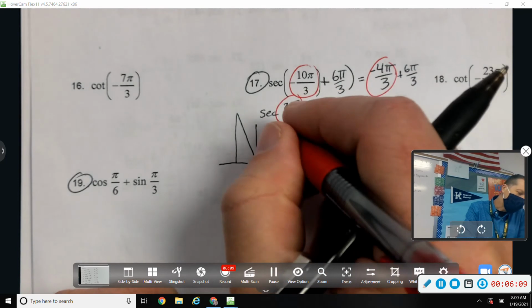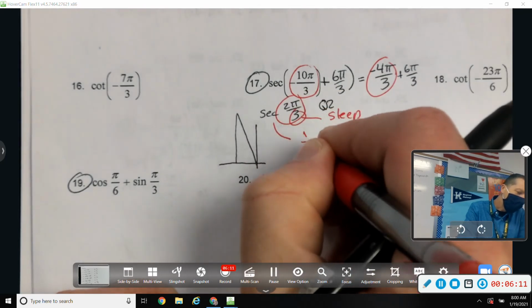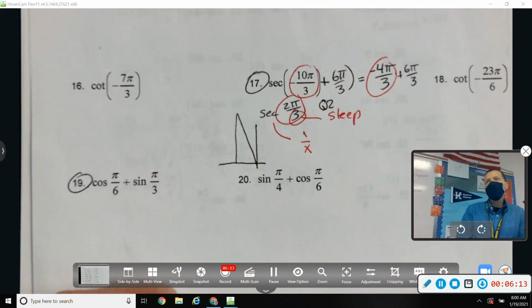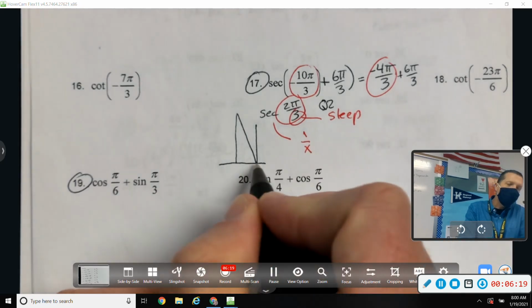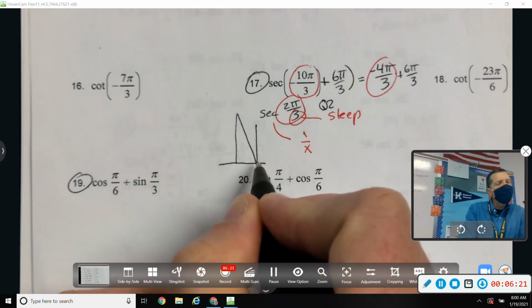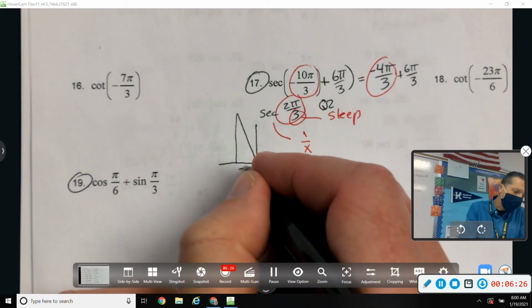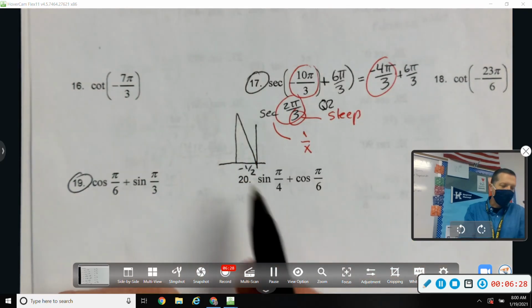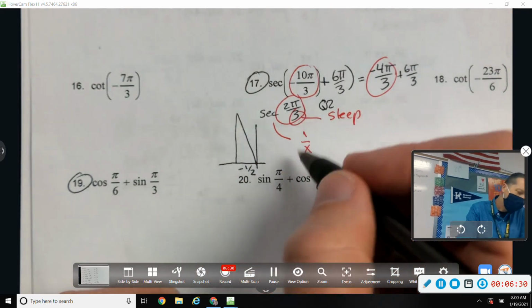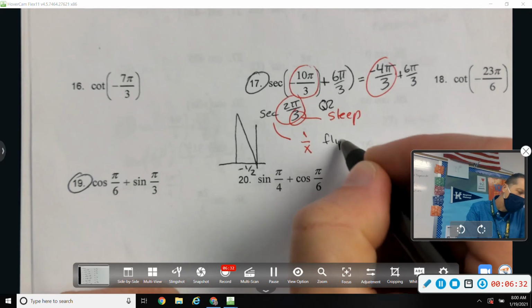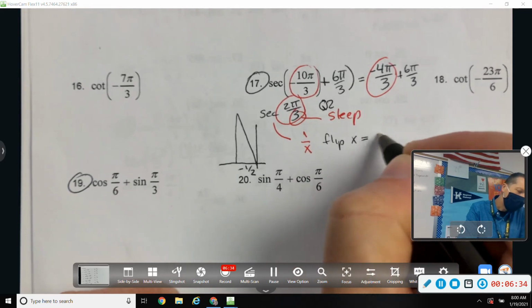Secant goes with cosine. So I really want to flip the x-coordinate. So I don't even need the y-coordinate, I just need the x-coordinate. How long is this side? 1/2. Positive or negative? Negative. Negative 1/2. And if I flip negative 1/2, I get negative 2.